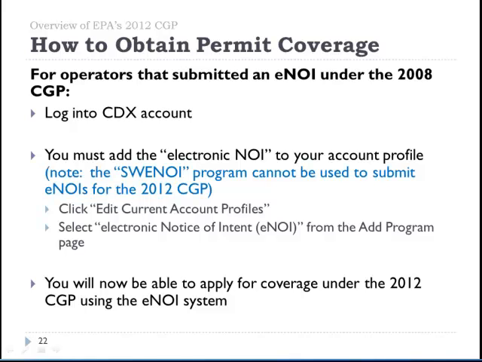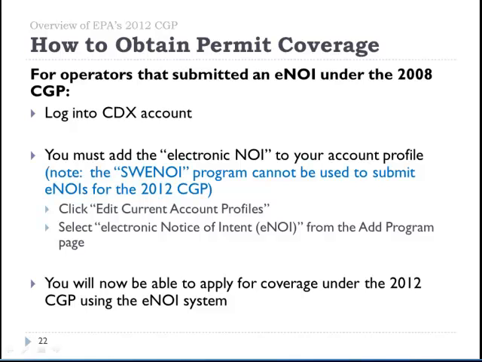So you'll need to add what's now called the electronic NOI to your account profile. There's a process that you'll go through to do that. There's also a tutorial on our ENOI page, which I'd recommend you open up and page through, which walks you through the different procedures here.